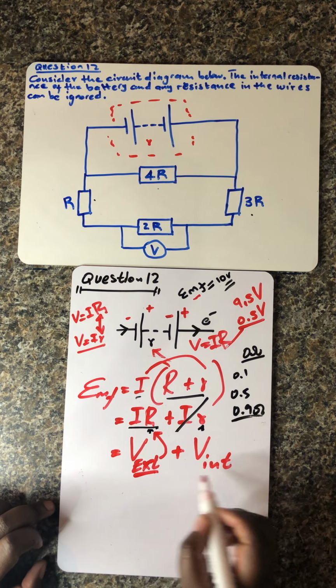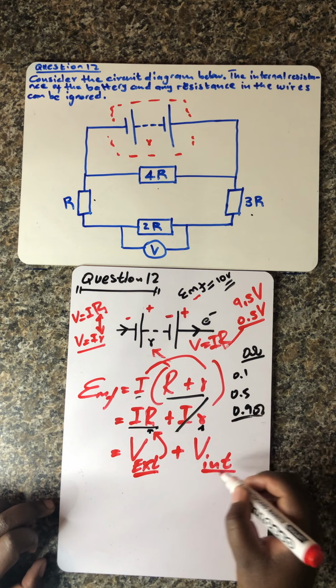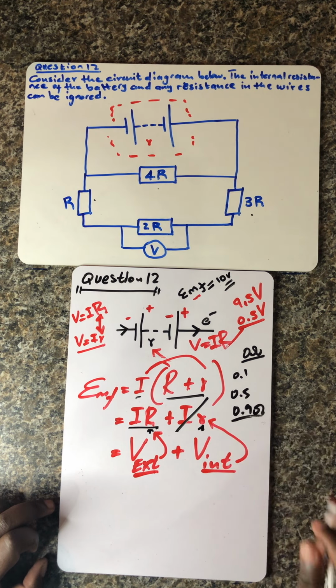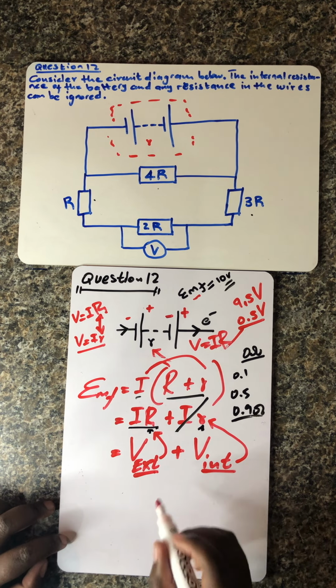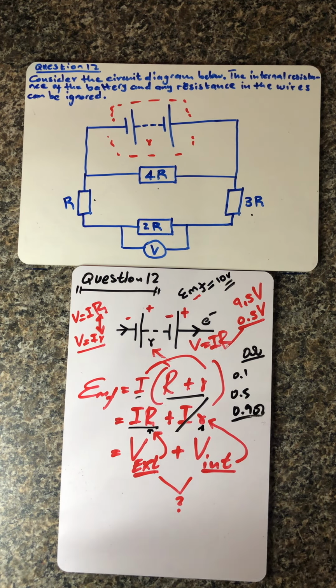That's why we've got V external and V internal. What makes it V internal? That small letter r makes it V internal. So what does it really mean for us to have a V external and V internal?